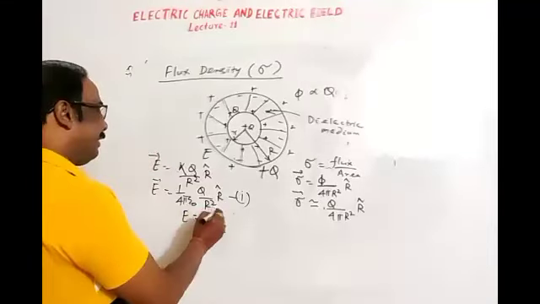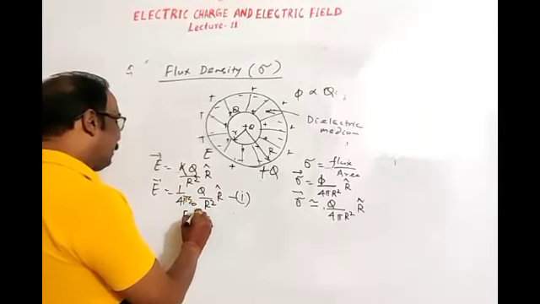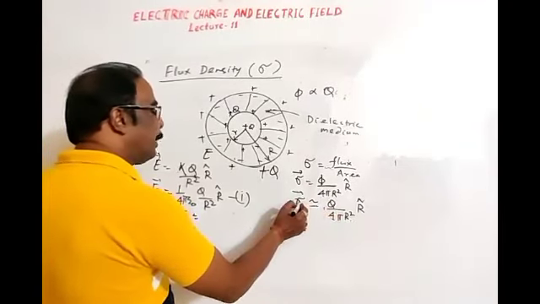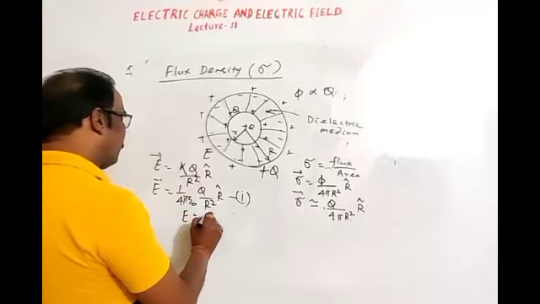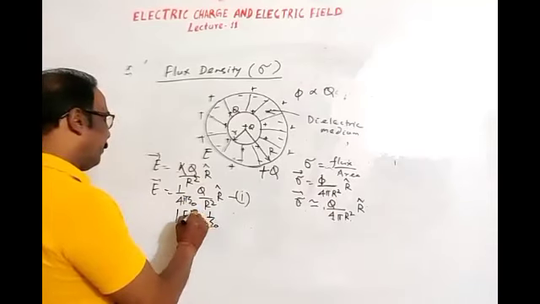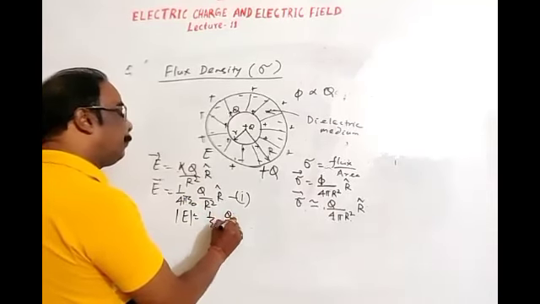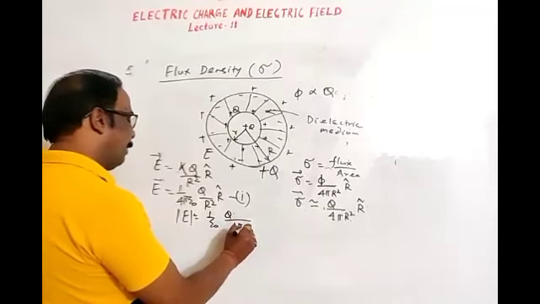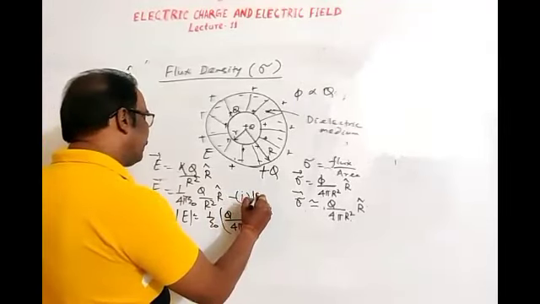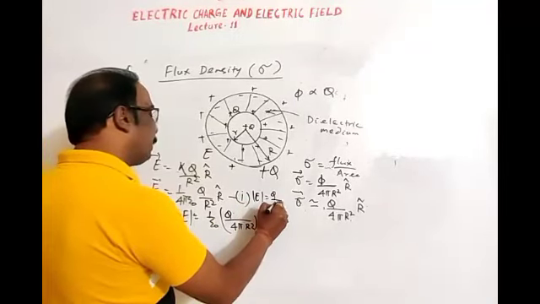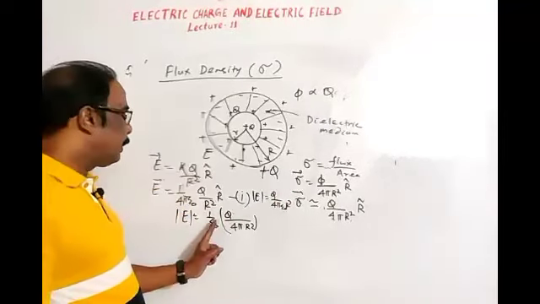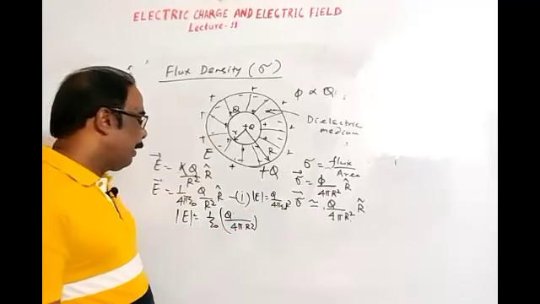Then here, Q by 4 pi R square is the flux density, and here we have 1 by epsilon naught, taking only magnitude: 1 by 4 pi epsilon naught into Q by 4 pi R square. This can be the magnitude of the electric field. If the magnitude of the electric field is Q by 4 pi epsilon naught R square, we may write it like this: 1 by epsilon naught into Q by 4 pi R square.